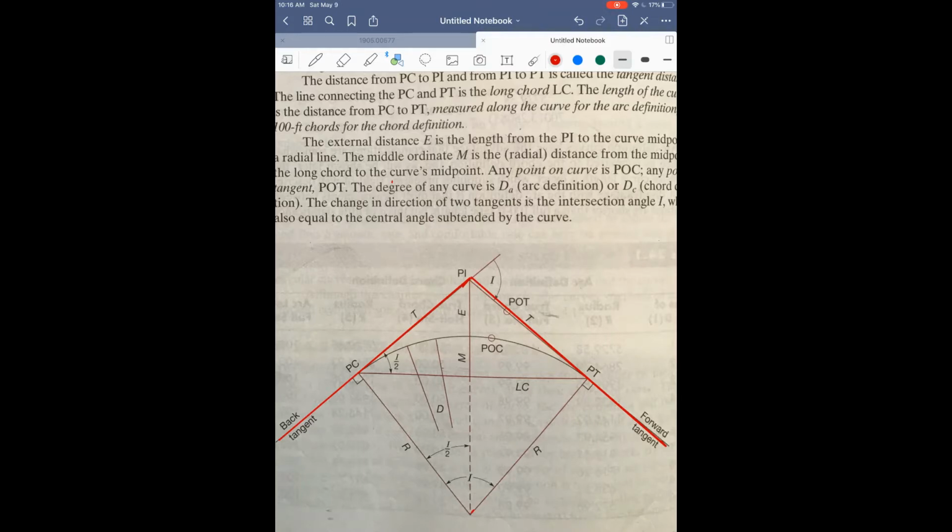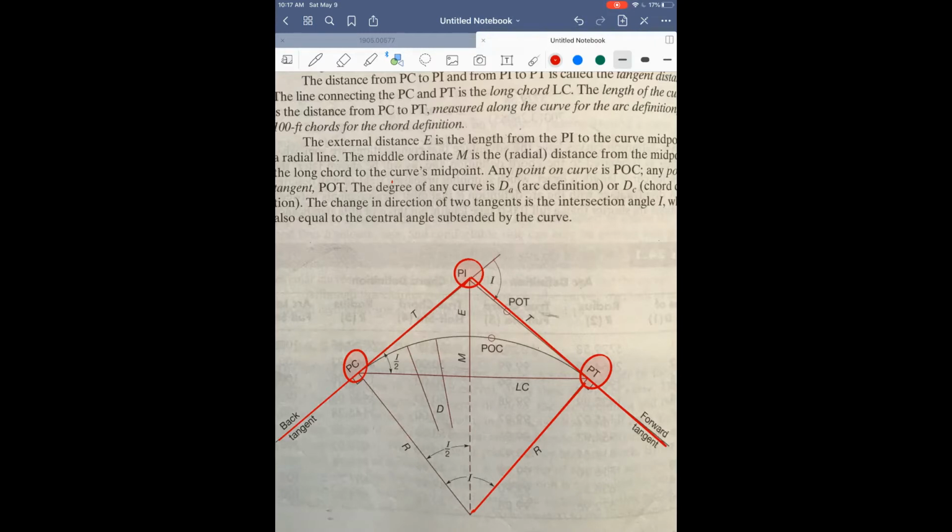Obviously, one of the most important things is the radius. The radius for our curves does not change. It stays constant. That's why it's called a simple circular curve. These points here, the PC, the PI, and the PT, stand for point of curvature, point of intersection, and point of tangency.